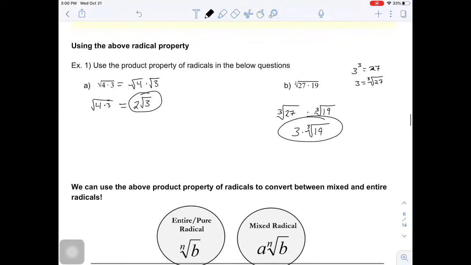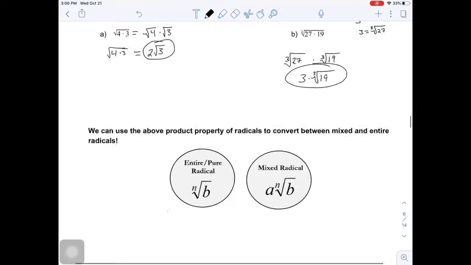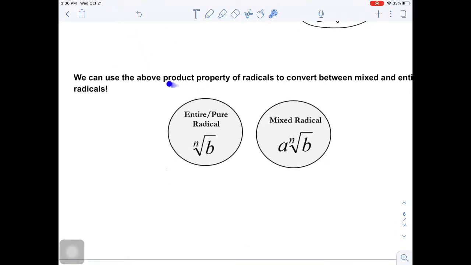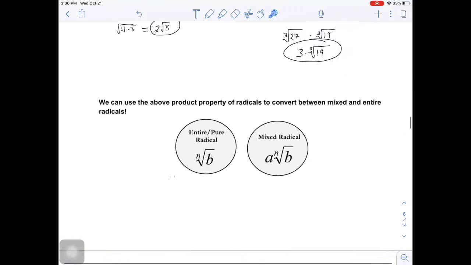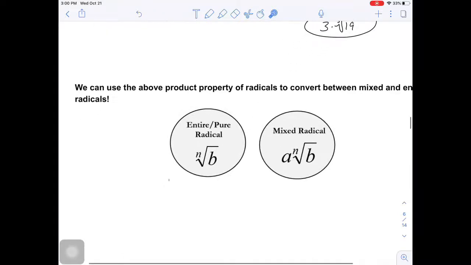So let's go below and talk about mixed and entire radicals. We can use the above product property to convert between mixed and entire radicals. So what is an entire radical? An entire radical is exactly what it sounds like: everything, the entire number, is inside the radical symbol.